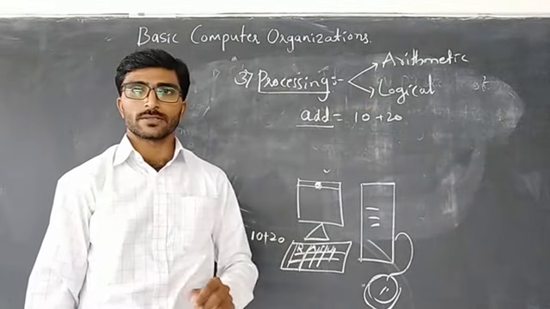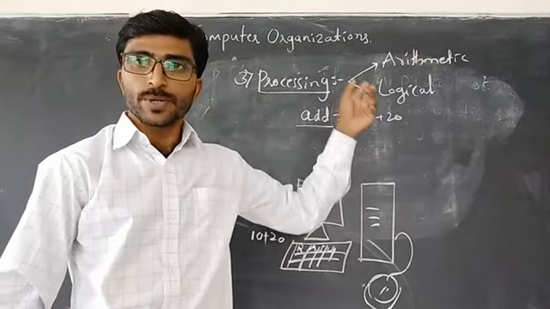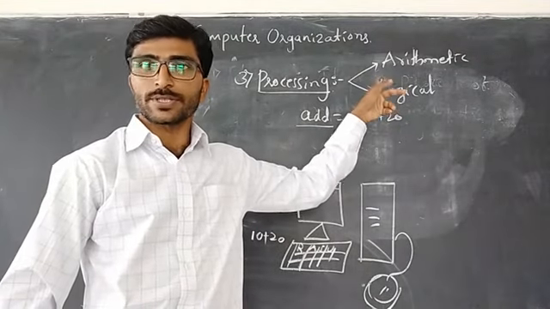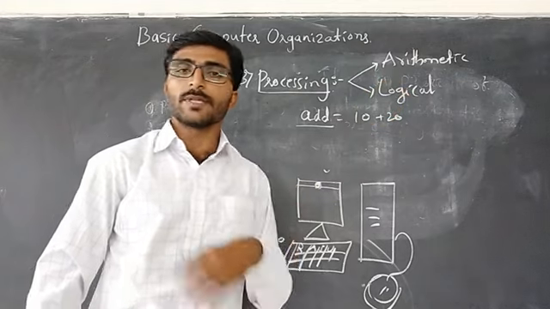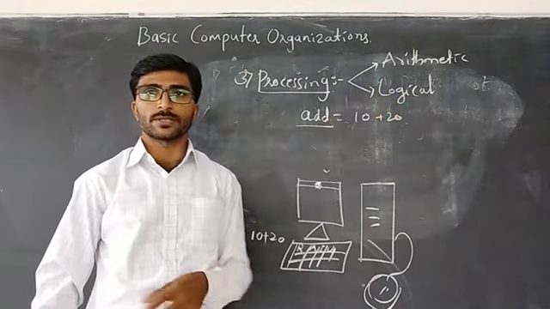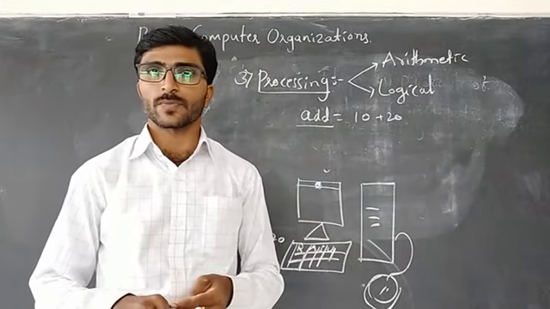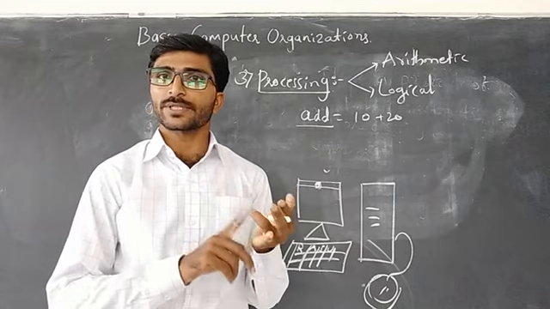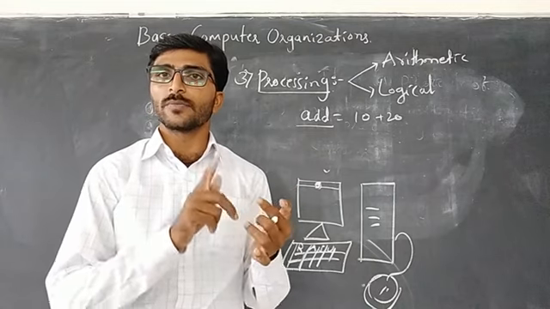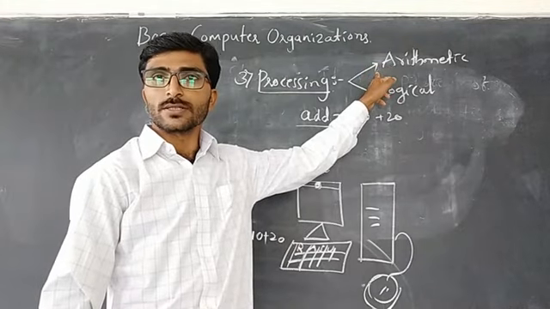What do you know about logical operation? If the user gives anything related to arithmetic, that is done by the arithmetic operation. If the user gives a logical operation, that is done by the logical operation. You already know the arithmetic operations: addition, subtraction, division, multiplication. These are done by the arithmetic operations.